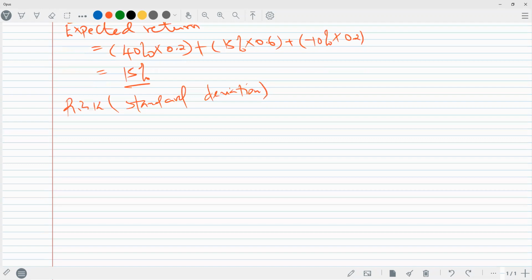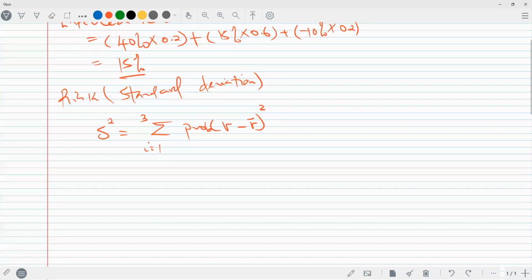This data we have here is a probability distribution. Therefore, the variance of this particular data will be equal to the sum of probability times deviation squared. Deviation is the return minus the mean return, squared, from the first data set all the way to the third, as there are three of them.